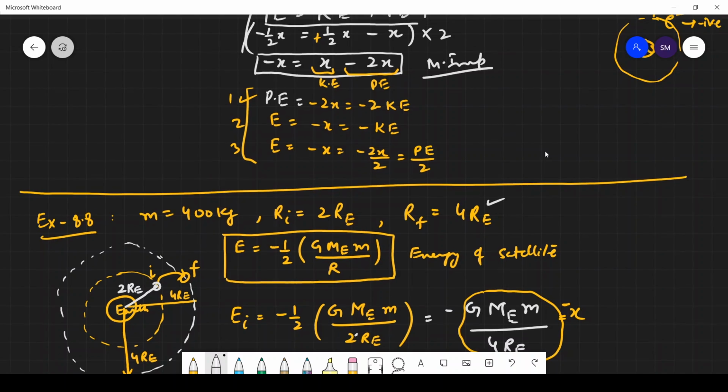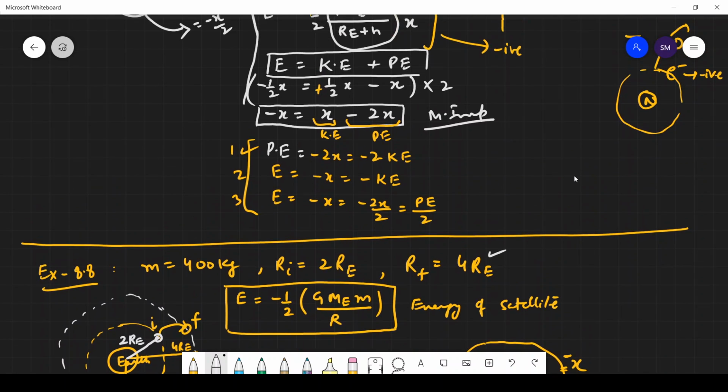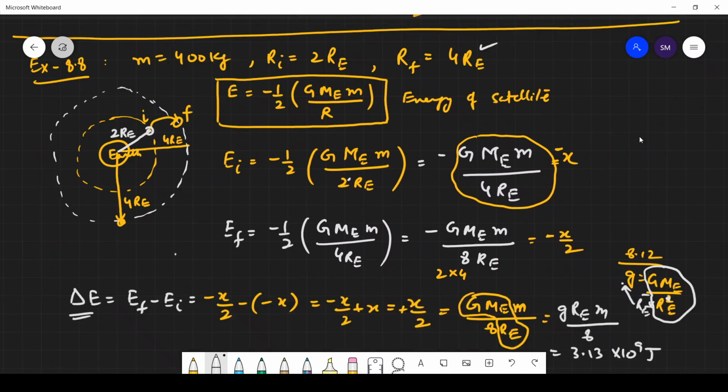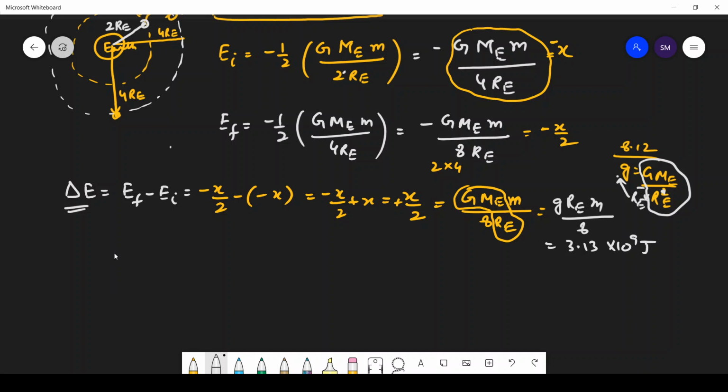The relation was: total energy is equal to kinetic energy plus potential energy. So minus x is equal to x minus 2x. So kinetic energy is x, potential energy is minus 2x, and net energy will be minus x.